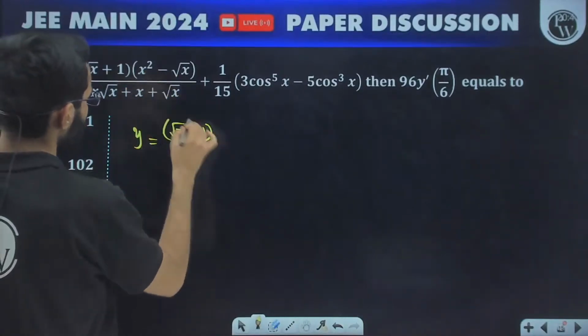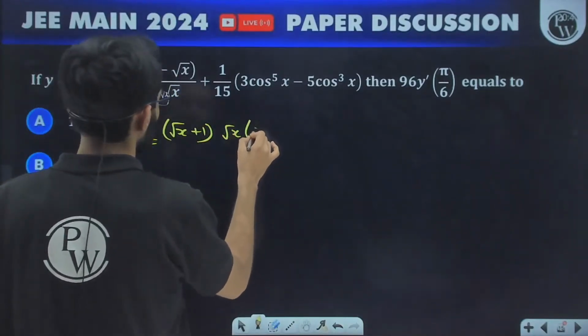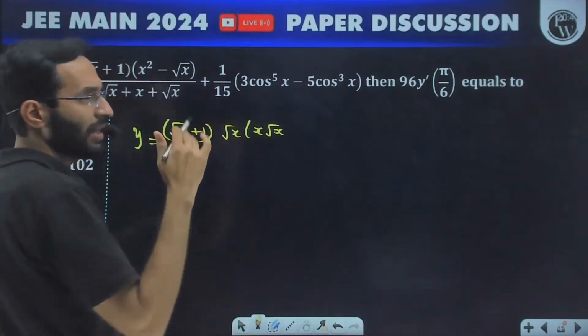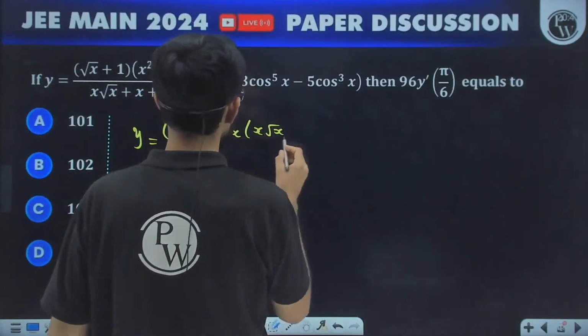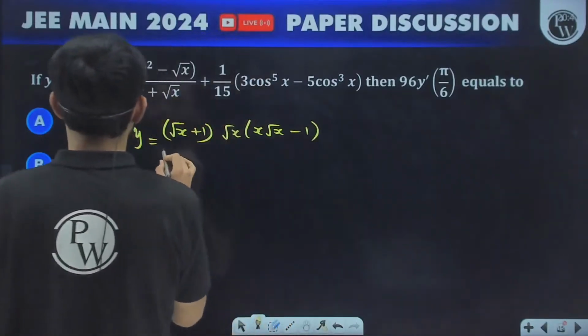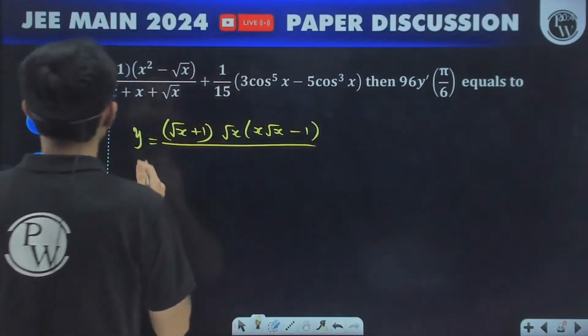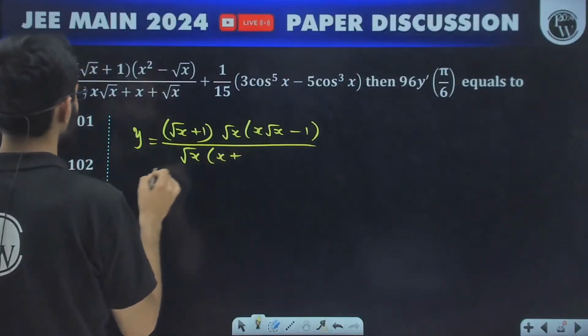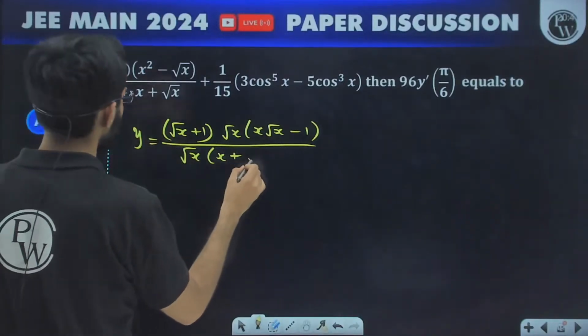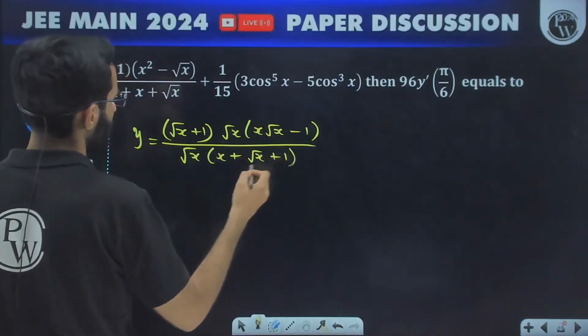From here, if I take root x common, this will become x root x, because x square is x into x. If I take root x common, x root x minus 1 upon x plus, and taking root x from this x, it becomes root x plus 1.